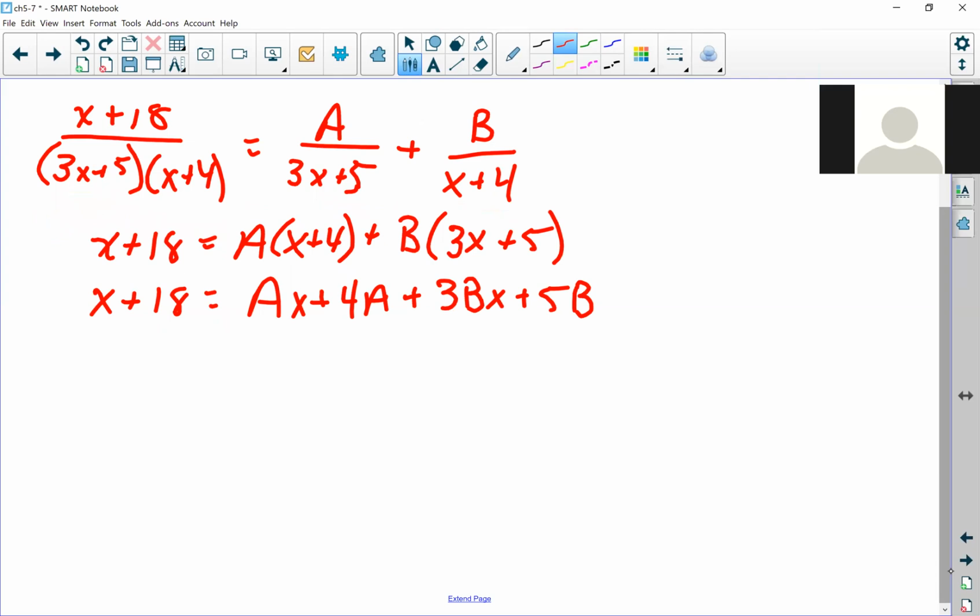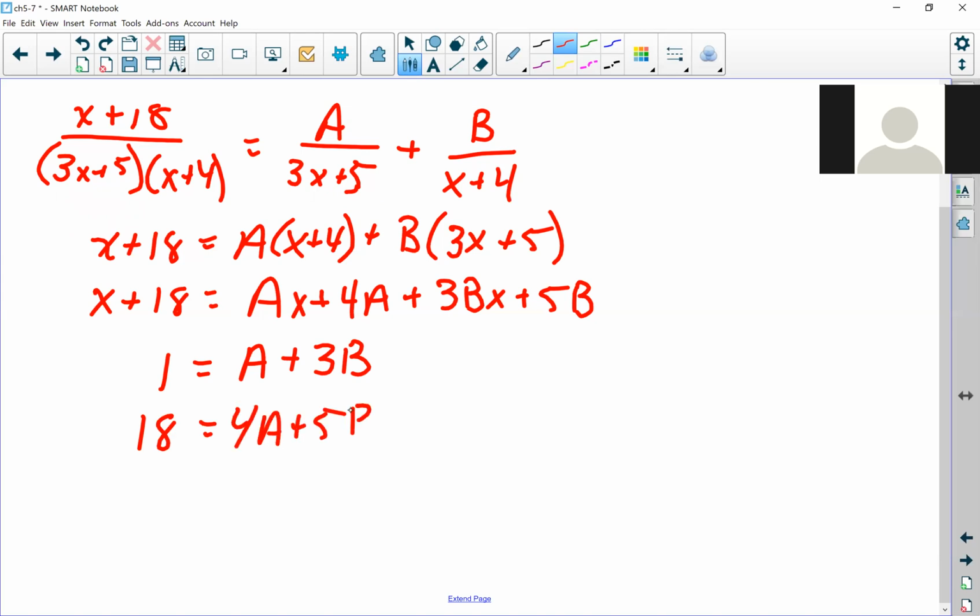Now write our expression, and I'm actually going to not write the x's. So this 1x would be a plus 3b, and 18 would have to equal 4a plus 5b.